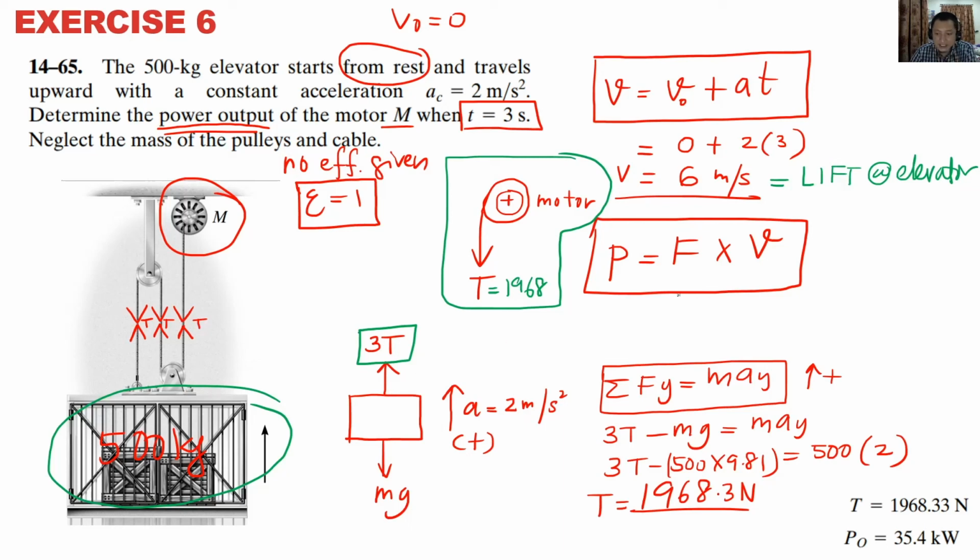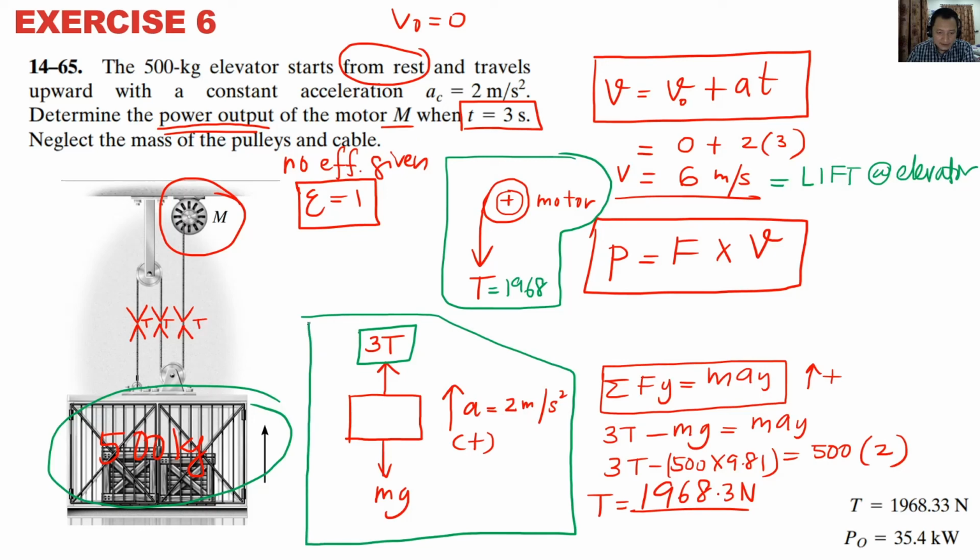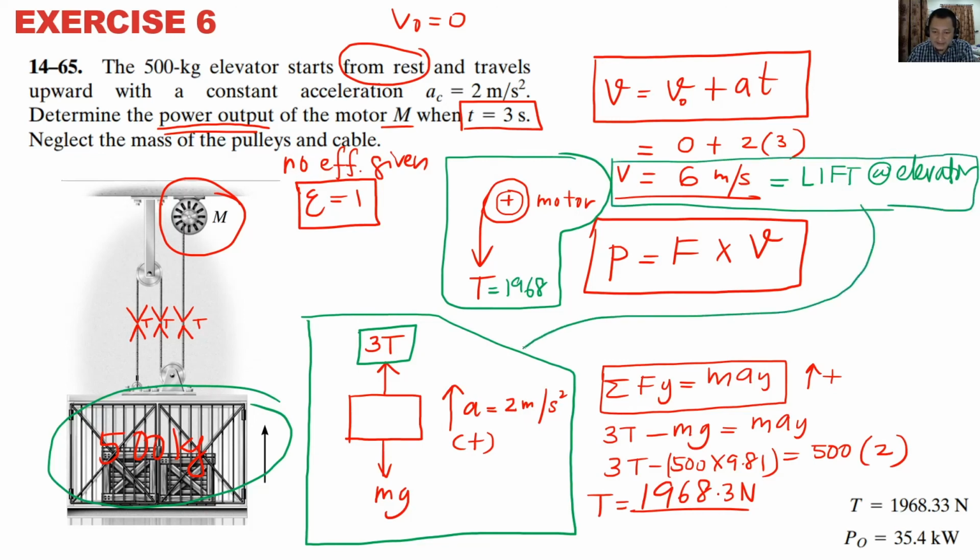So let's try. Alright. So you guys can decide. Do you want to do it here? Or do you want to find the power at the motor? But one thing for sure, this velocity is definitely the velocity of the elevator, which means V at the elevator is equal to 6 meter per second.